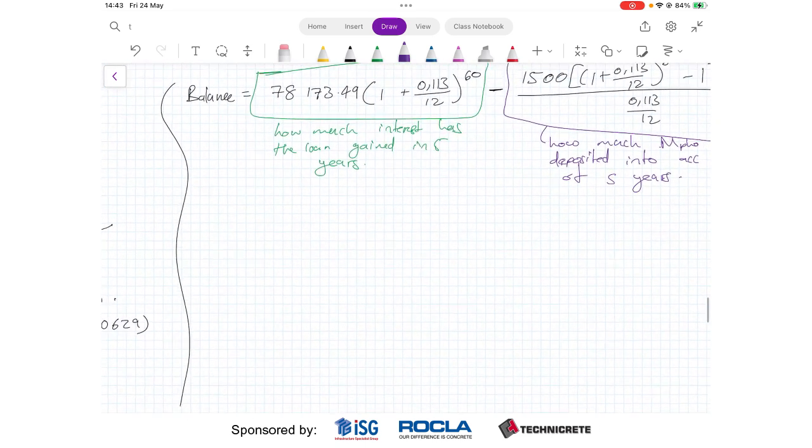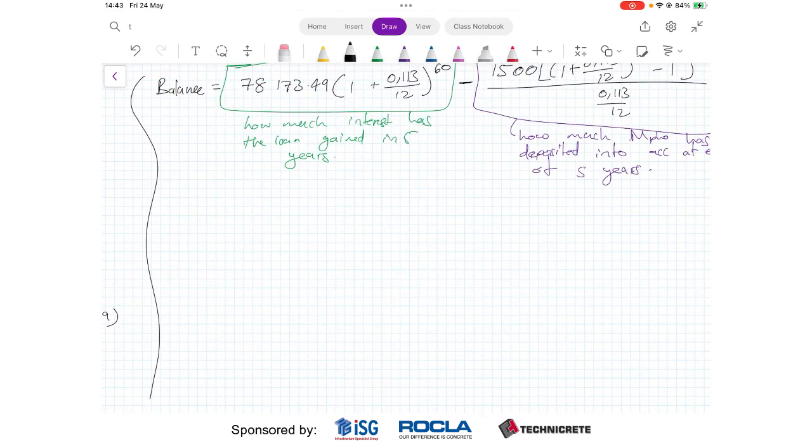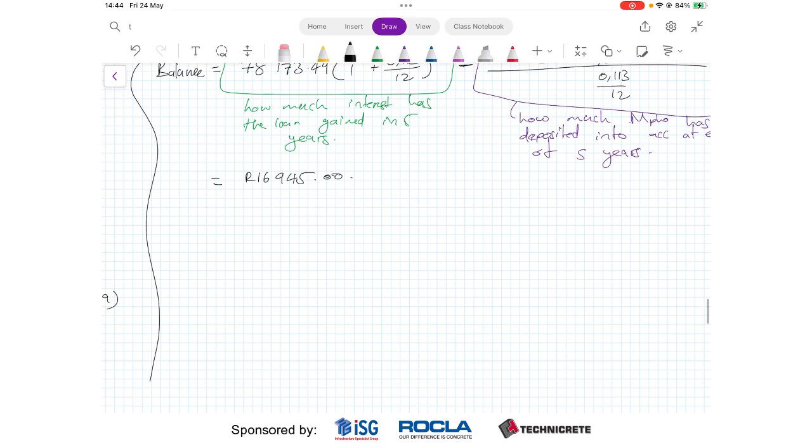These two values will simplify to a balance of 16,945. You find that the amount that Mpho pays over a period of 5 years is still the same, and that's 90,000 rand.